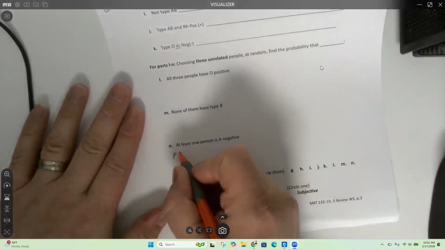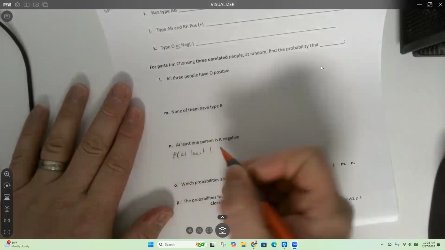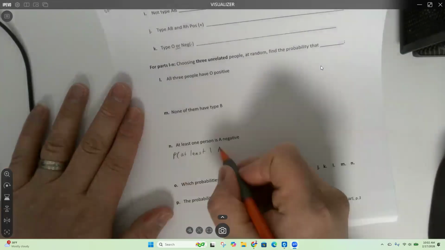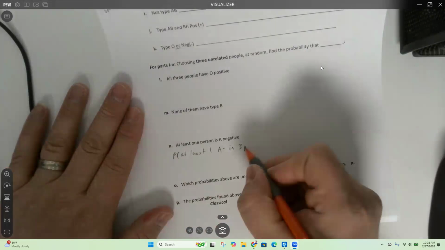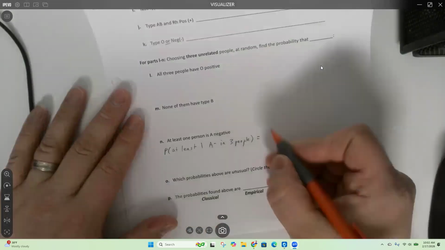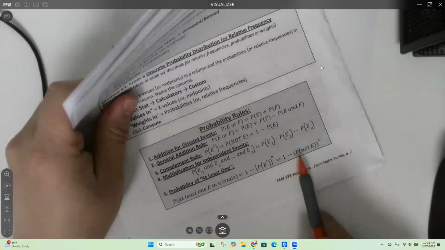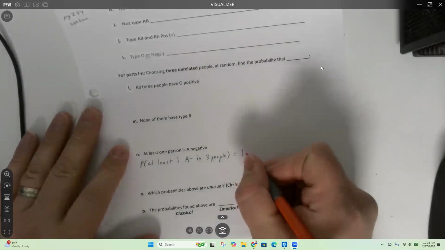So the probability of at least one A negative in three people is, all right, I'm going to write it out as the second one right here. 1 minus P not E to the N. Okay, so it still doesn't make any sense, so let's write it out.